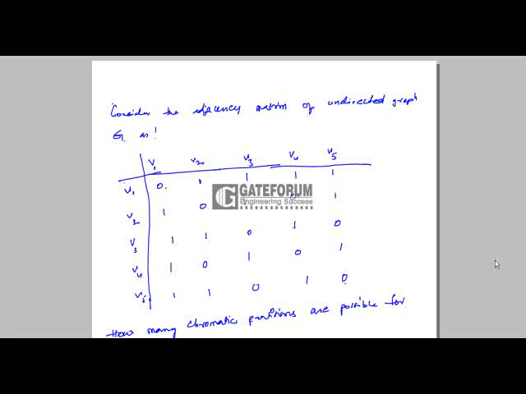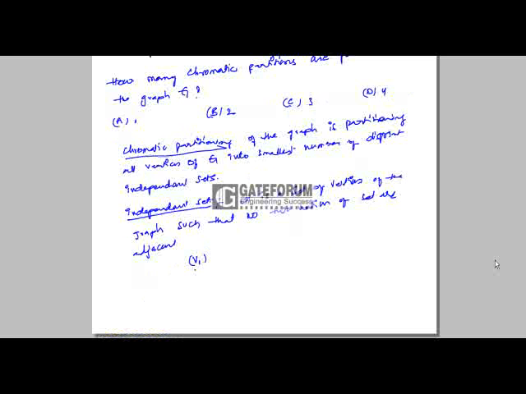remaining vertices. V1 is adjacent to V2, V3, V4 and V5. So we cannot group V1 in any other independent set. So V1 is a single independent set. If we see V2, it is adjacent to V3 and V5, and V2 is not adjacent to V4.